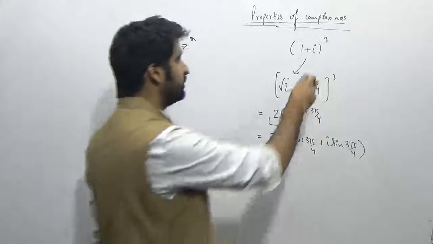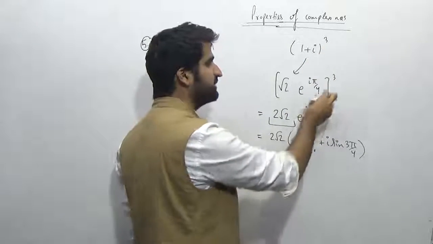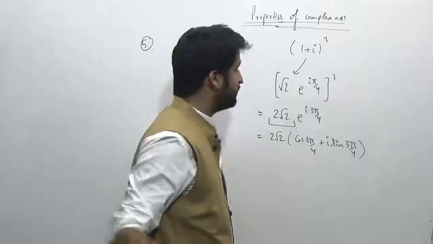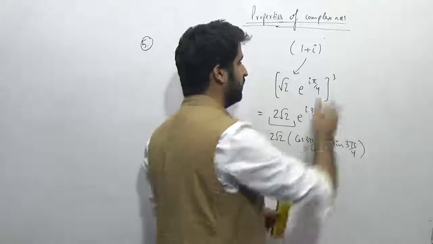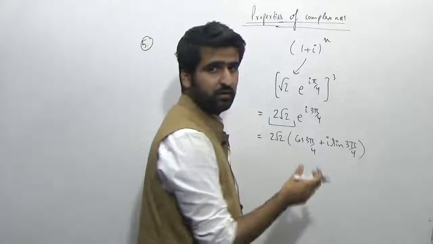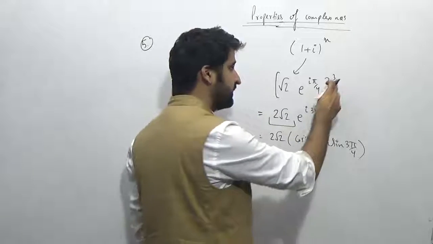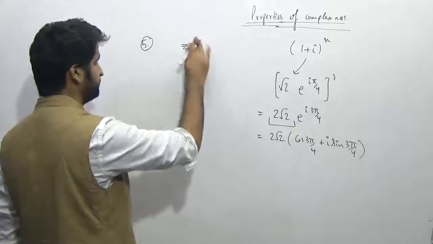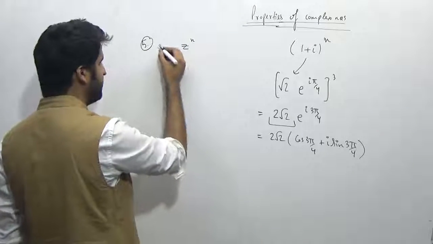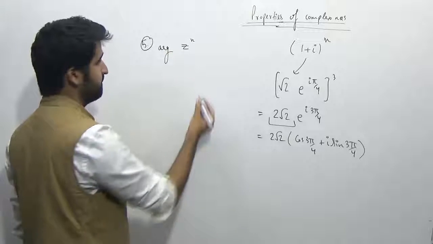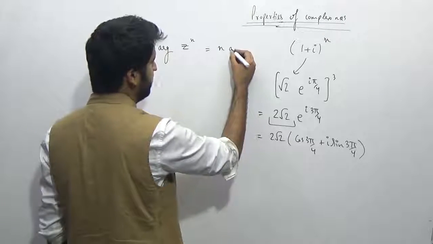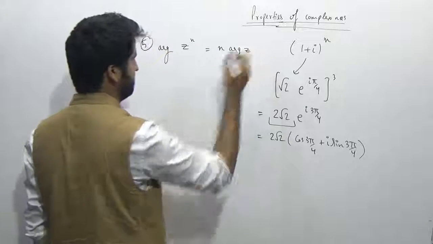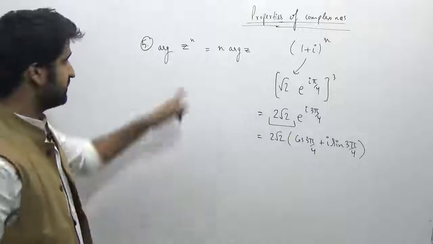So if I took a power n of this complex number, the argument will get multiplied by n. So we can say that argument of z to the power n is nothing but n times the argument of z. This is a very important property.